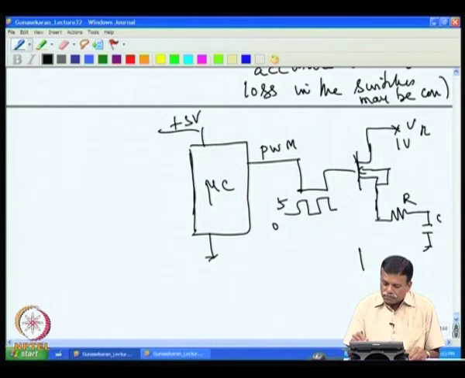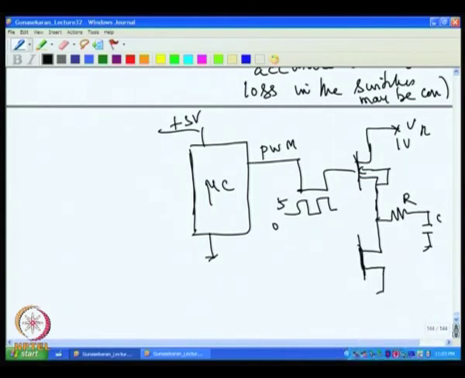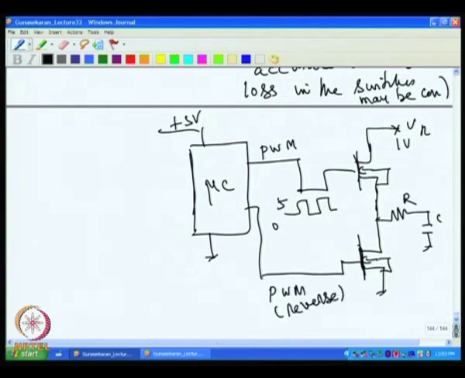Then we can have another switch here connected to another port pin, which has a reverse PWM. That is, when this is 1, this is 0, and vice versa.